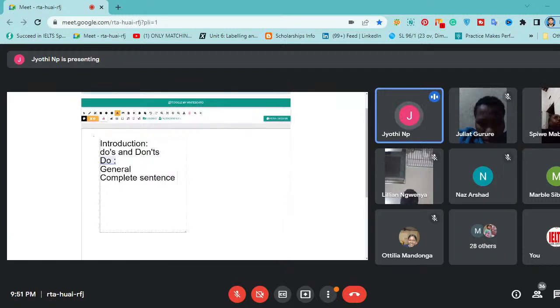Phrases are also a group of words, but they don't give a definite meaning. They give some meaning. That's the difference between a phrase and a sentence. So you need to write in complete sentences, general, and then have a thesis sentence, or signposting.